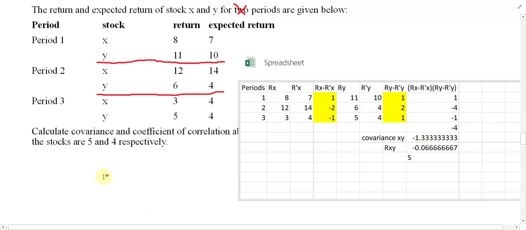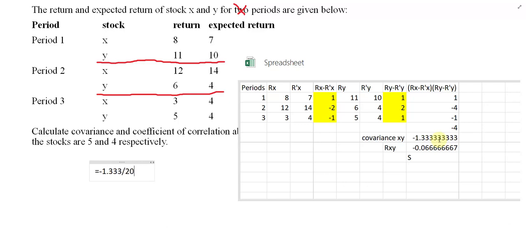But in order to check whether this is correct or not, the result of covariance is minus 1.333, we can say, divided by how much? Divided by 20. Why 20?